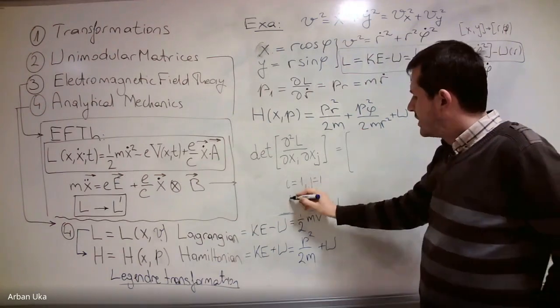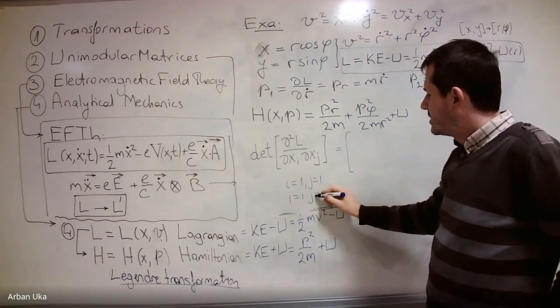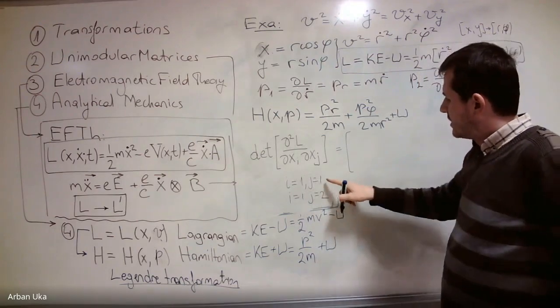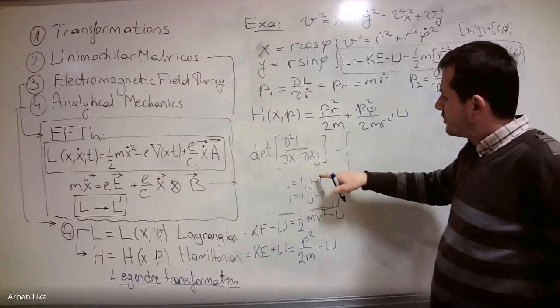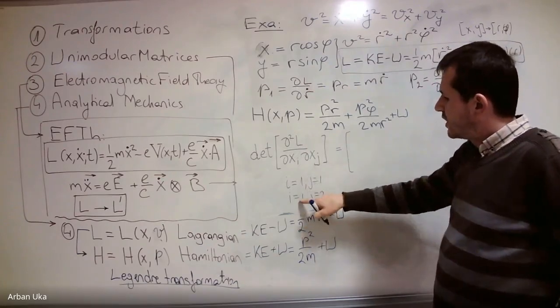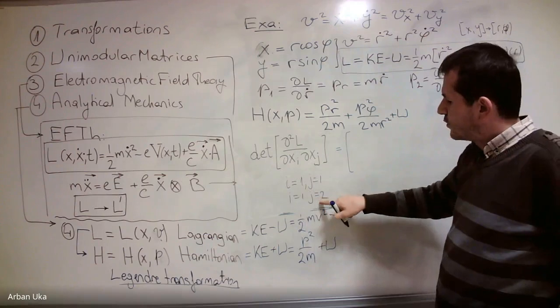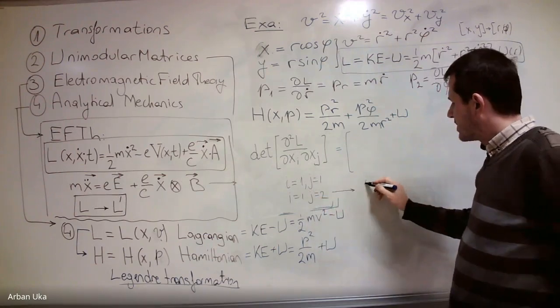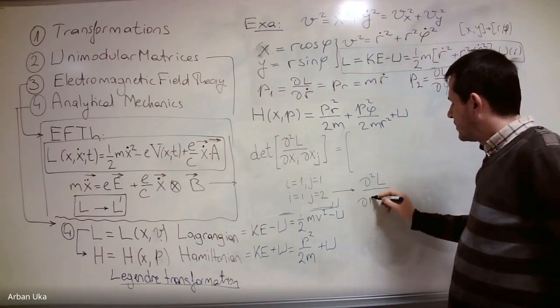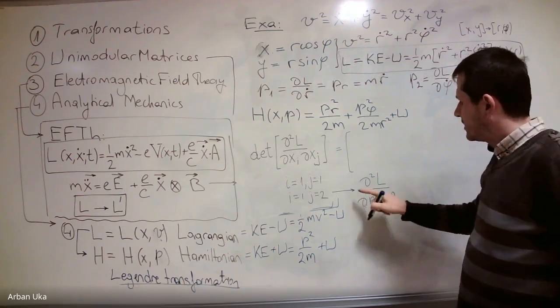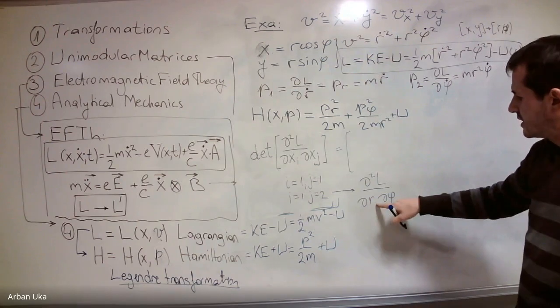When i is 1 and j is 2, here we are taking the derivative twice with respect to r. Here we take the derivative with respect to r and then with respect to phi, so this would be the second derivative of the Lagrangian with respect to r and phi. This is this representation.